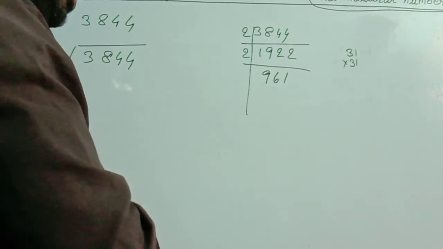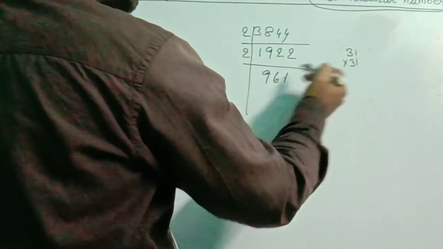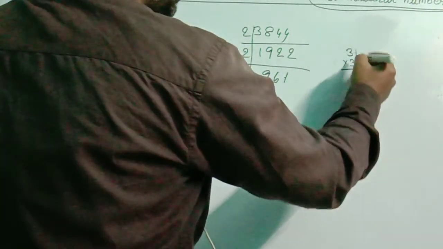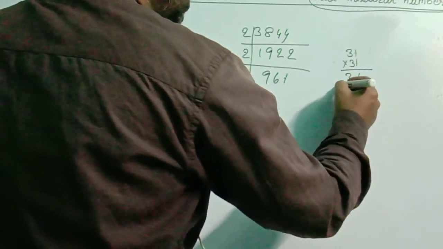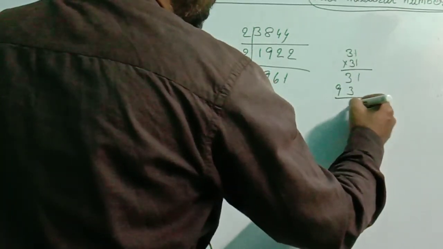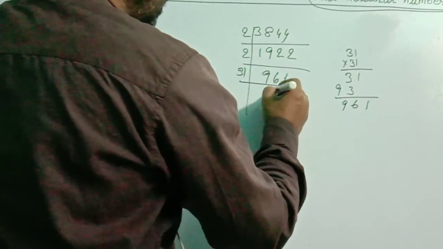We are getting 30, we can check by 31 into 31. Why? Because 30 into 30 equal to 900, and in 31 into 31 we are getting 1 into 1. So let us try how much we are getting. 1 1 is 1, 1 3 is 3, 3 1 is 3, and 3 3 is 9. So we are getting 961. So this is divisible by 31.